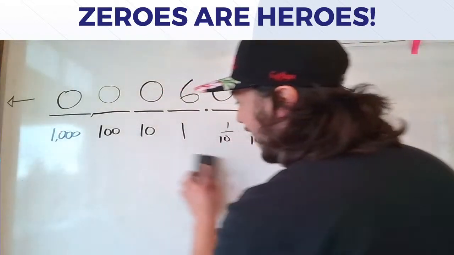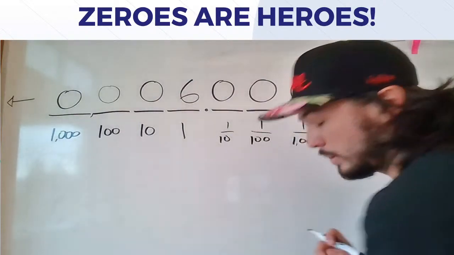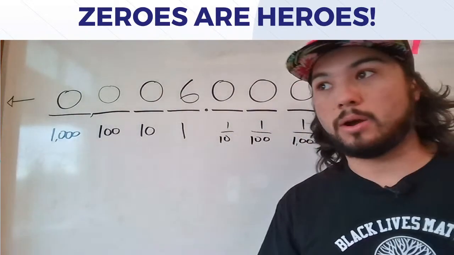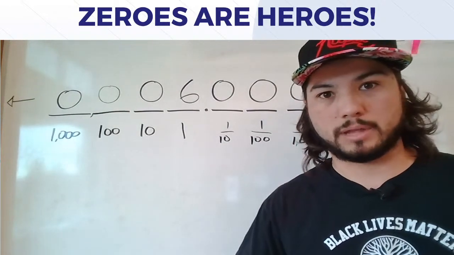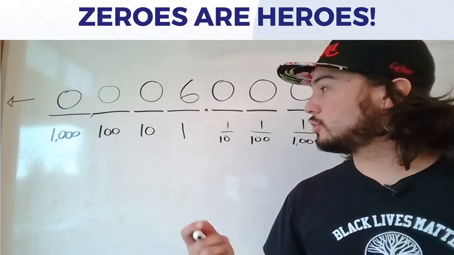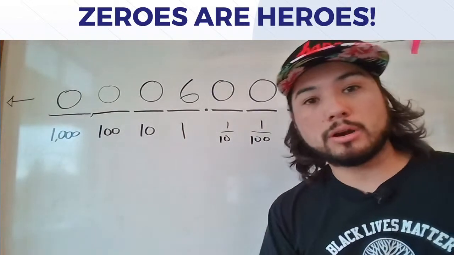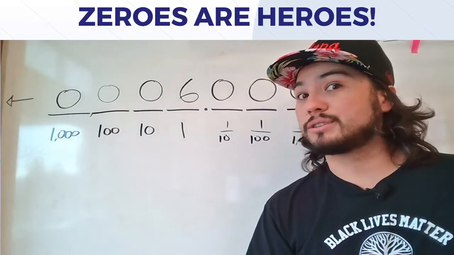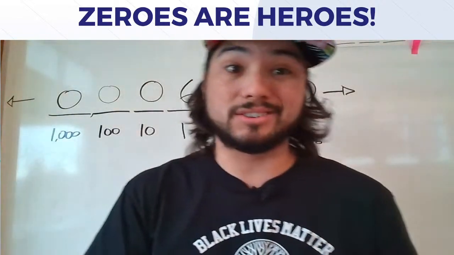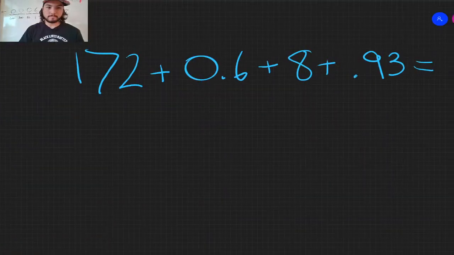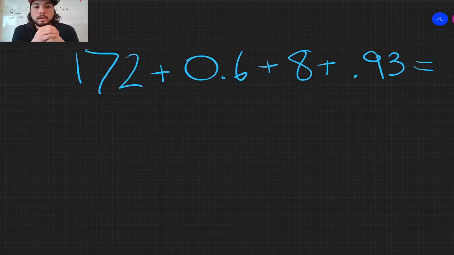And when we add whole numbers with decimals, or whole numbers and decimals with decimals, it's important to be able to represent and show the decimal place and use our zeros to fill in the gaps. Okay, so let's try it with one on our digital whiteboard. Here is our task.